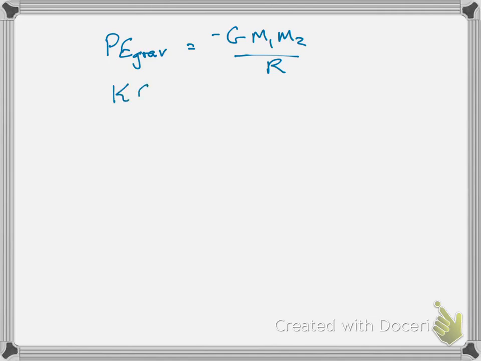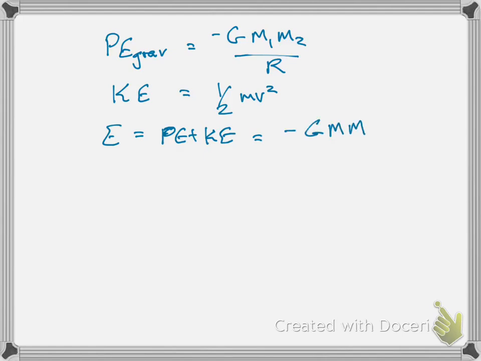The kinetic energy is still, as always, 1/2 mv squared, and so the total energy of any object is PE plus KE, and given the situation, we showed that was, for example, equal to minus G m m_E over 2r for the special case of an orbit.